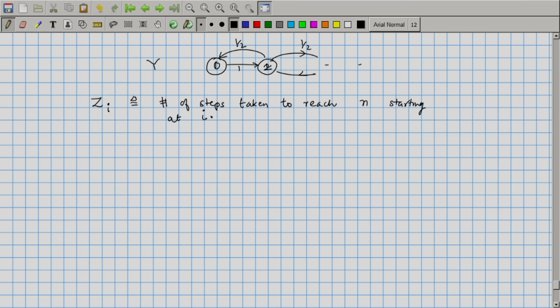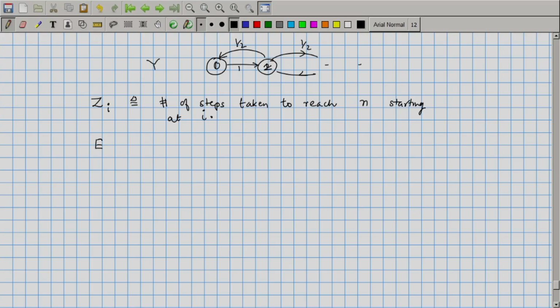So, if you start from the state i, how much time does it take to reach state n? This is a random variable, that random variable is what we call Zi, and the expectation of Zi we will call Hi. So, Hi is defined to be the expected number of steps required to reach state n starting from state i.